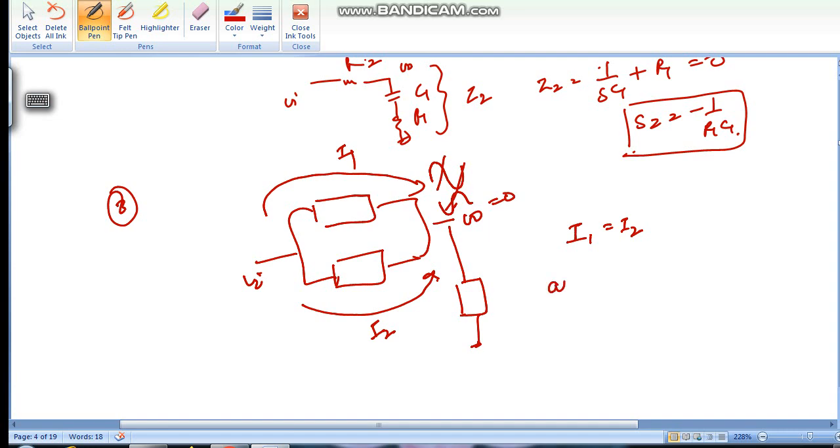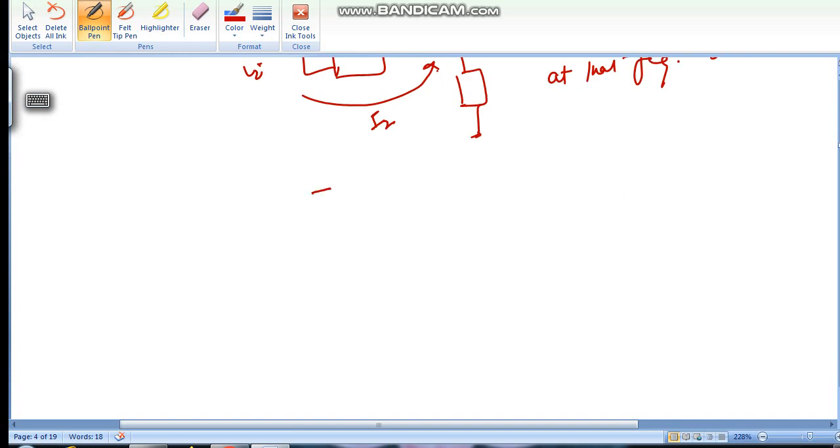Then at that frequency a zero occurs. For example, say this is R, this is C, this is R1, this is C1, say this is C2, this is VI, this is VO.